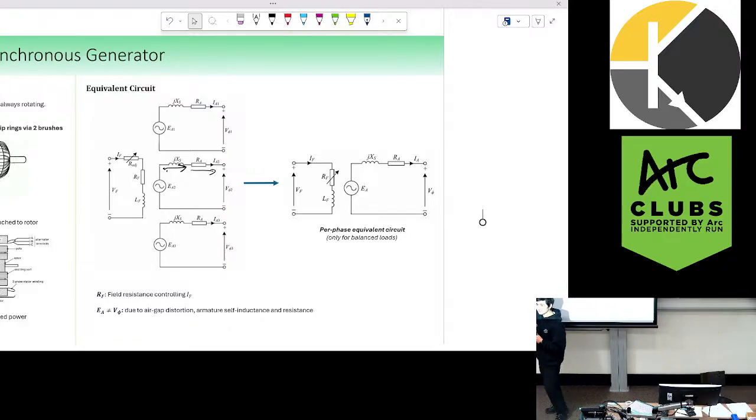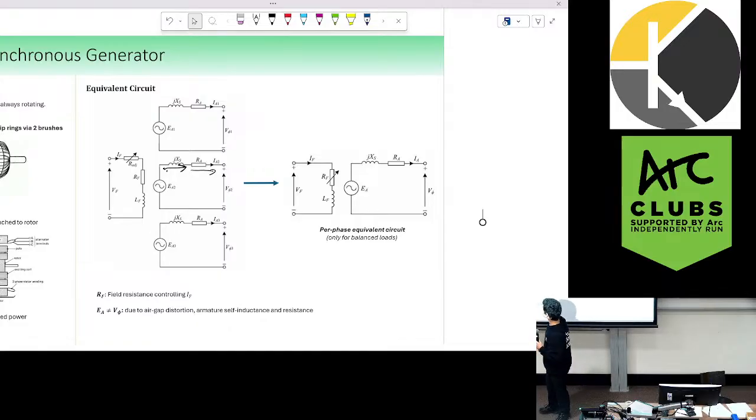If it's unbalanced, then you need to consider all three different circuits. It depends on how they're connected at the load side. If it's a Y connection at the load side, you'd imagine there's some manner of neutral, but then you would need to do a massive nodal analysis where there's an actual voltage here rather than just 0.